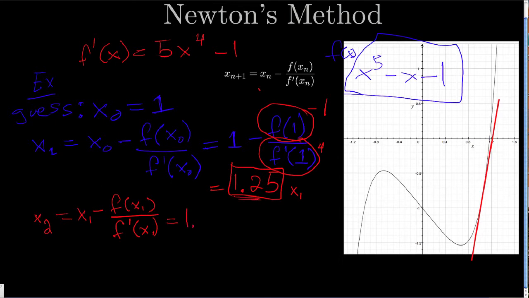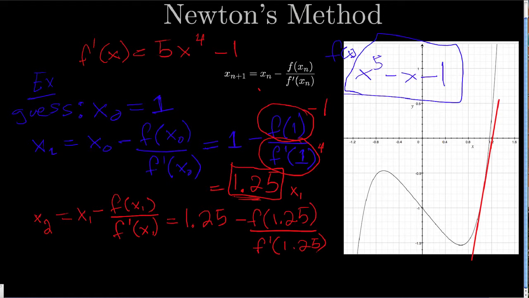So this is going to be 1.25 minus f of 1.25, which I'm going to have to do with the calculator, over f prime of 1.25.